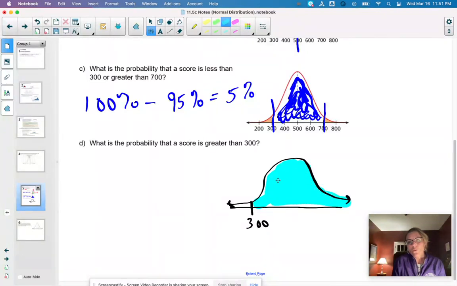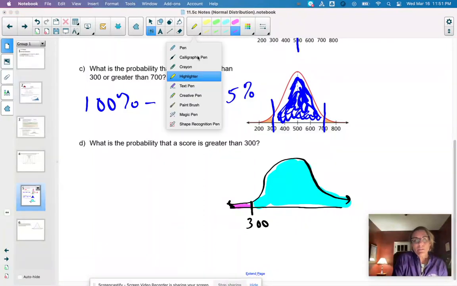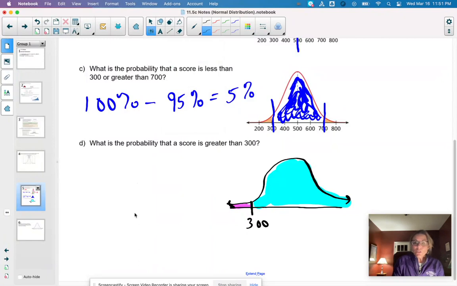The only thing we don't want is the tail end over here. That's the part we don't want. So again, this is cutting it right down the middle here. If I take this whole half, accounts for 50% of the data.